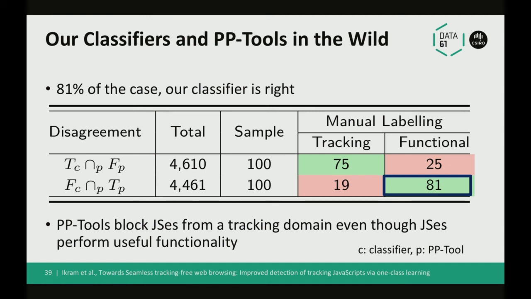The reason the privacy preserving tools were not right there is that they blocked JavaScripts from tracking domains, even though some of that JavaScript performs useful functionality. So, stressing again, in both cases the performance of our classifier is extremely high if we consider disagreement with all privacy preserving tools.